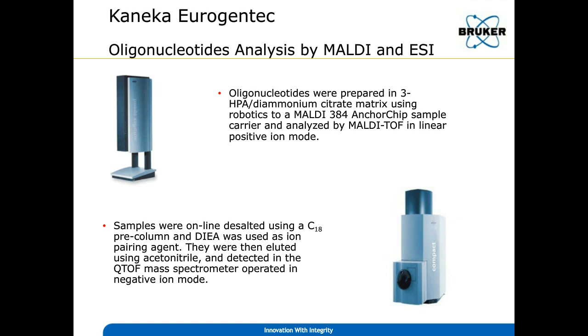On the electrospray side, the compact QTOF is used. The samples are first desalted online using a C18 pre-column. DIEA is used as an ion pairing agent, and they're then eluted using acetonitrile and detected in the QTOF, operated in negative ion mode.